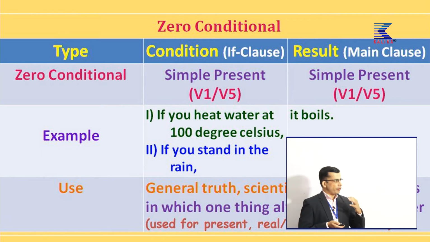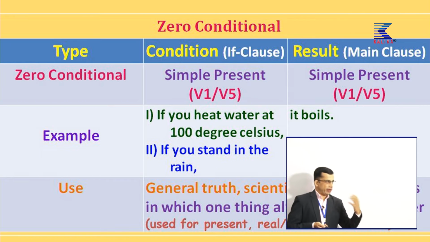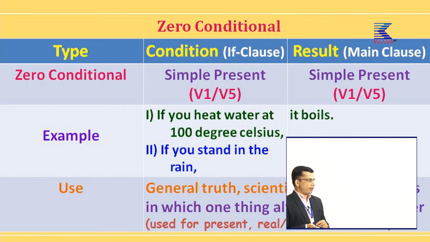And you know the use of zero conditional is general truth, scientific facts, or situations in which one thing always causes another. Okay? Real and factual situations, that condition we use zero conditional.